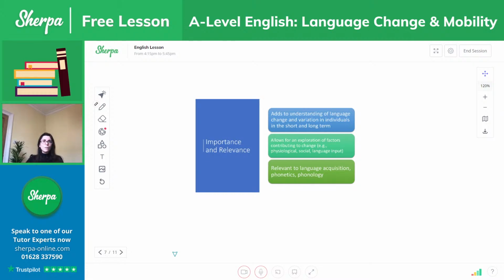You have physiological, social, language input, and this is relevant to language acquisition. How do people acquire language, the rates, the ages that they do, and likewise, phonetics of different regions, different dialects, and phonology in terms of what kind of underlying representations there are of certain words or forms.